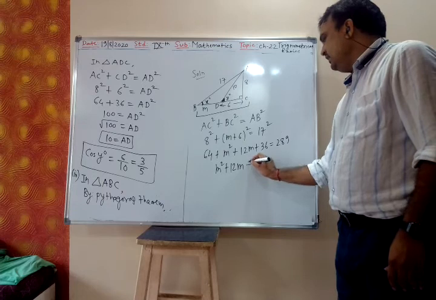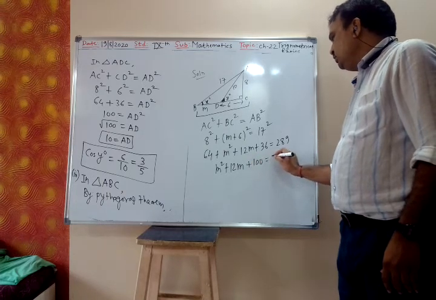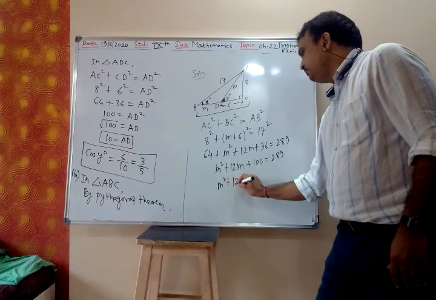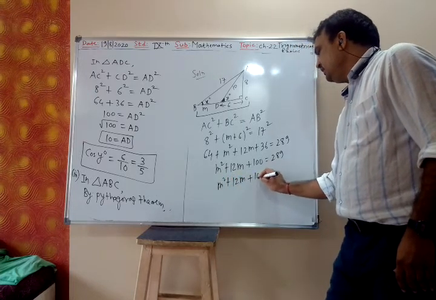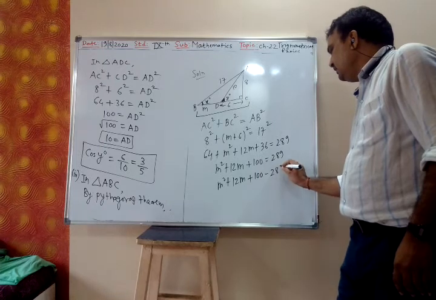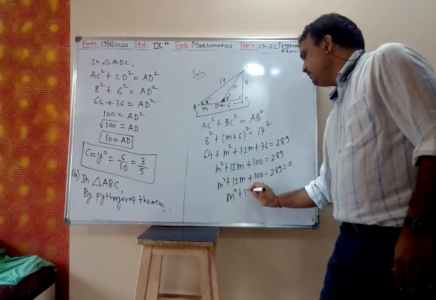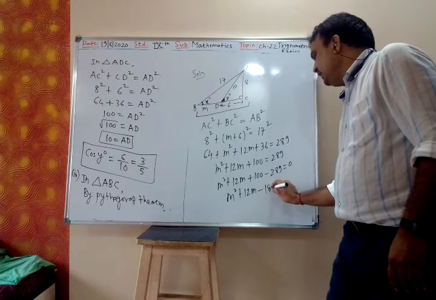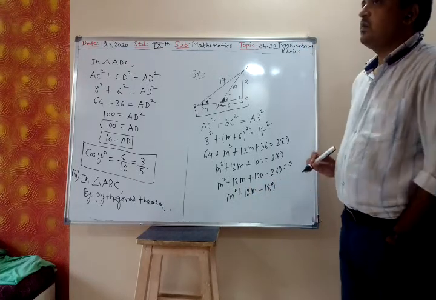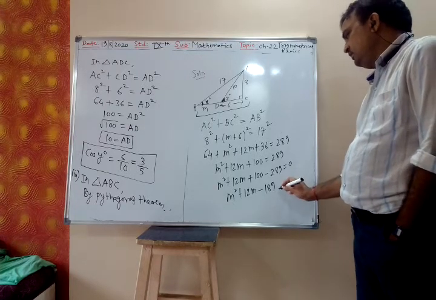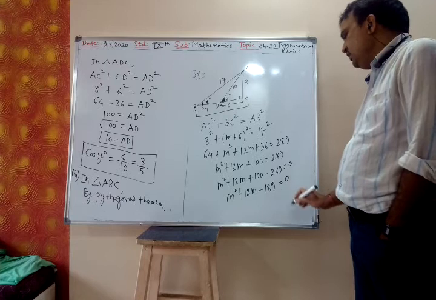So m square plus 12m plus 100 is equal to 289. So m square plus 12m plus 100 minus 289 is equal to 0. So m square plus 12m minus 189 is equal to 0. So now this is the quadratic equation.